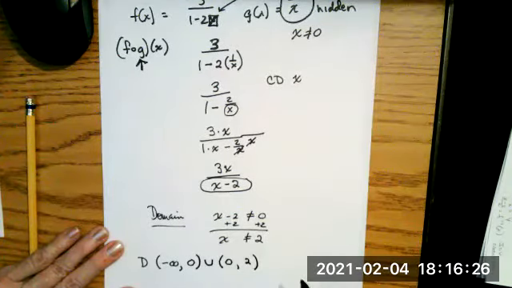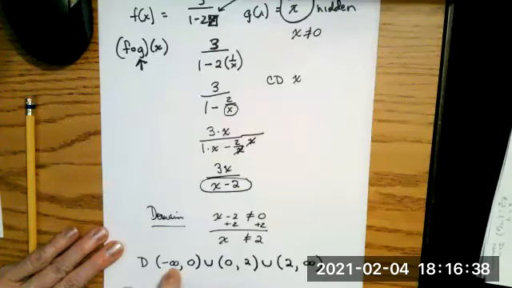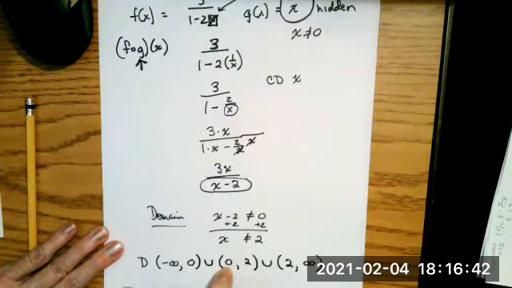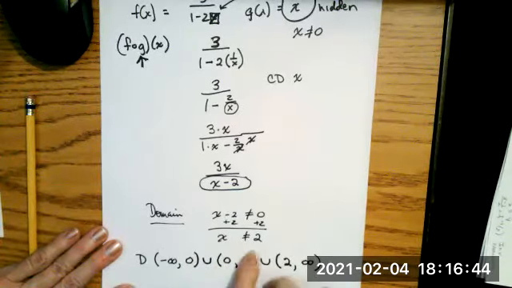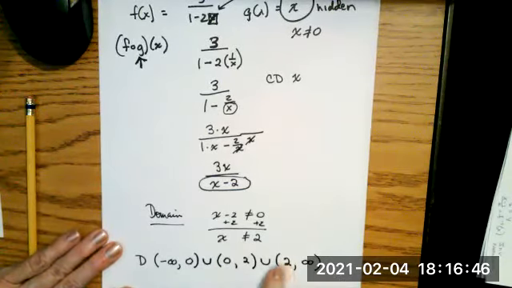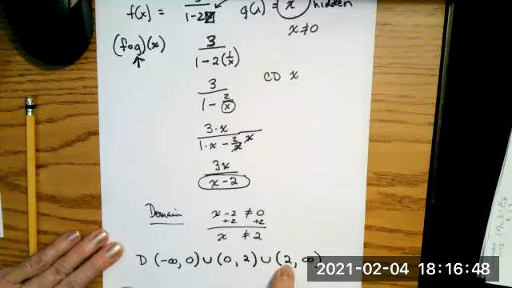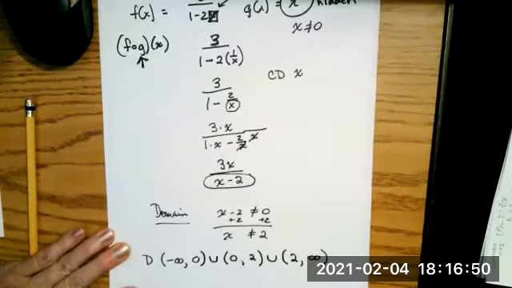Close the parentheses at 2. Union, parentheses 2. That parentheses is how you're skipping that 2. And what this says is the domain goes from negative infinity to 0, skips the 0, goes to 2, skips the 2. It's not one of the points you can use, and then goes on its merry way to infinity.